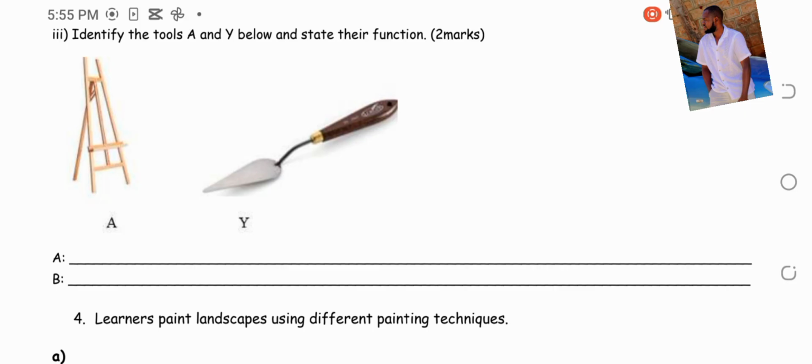Then B is just an eraser used for correcting. And I'm not sure about this because I have not gone through the content in grade 10. But you can go back to research and look at the functions of A and B.